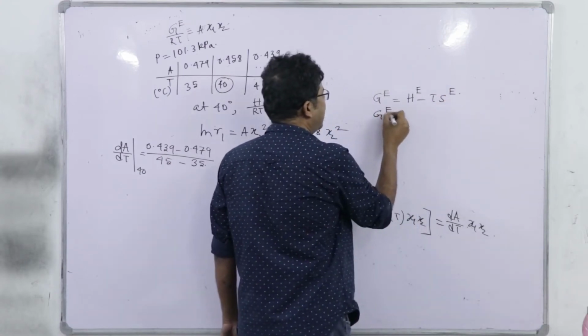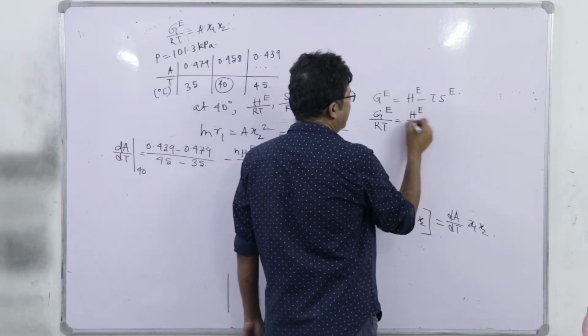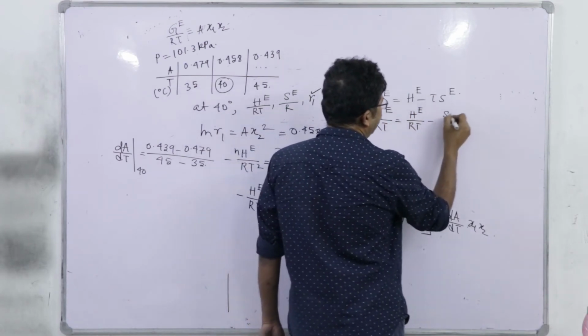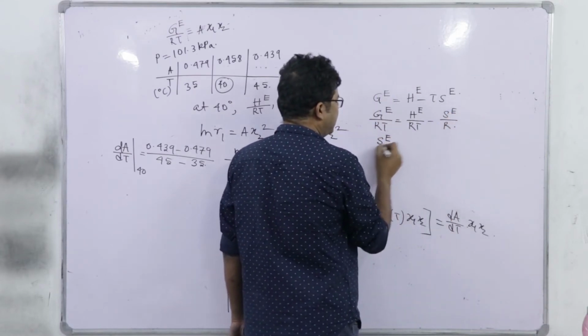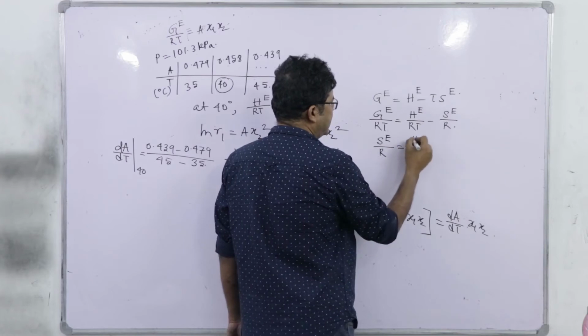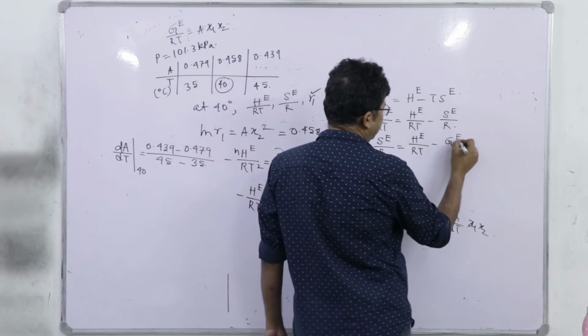So GE by RT equal to HE by RT minus SE by R. So SE by R equal to HE by RT minus GE by RT.